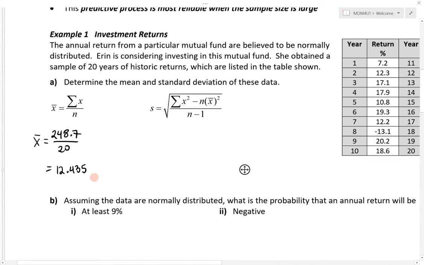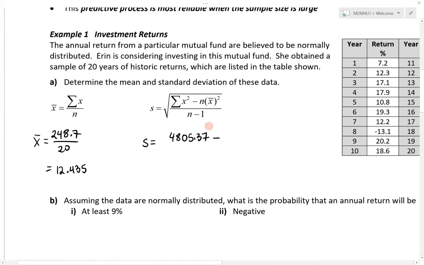The standard deviation, similarly, if I follow the formula, it's going to be the sum of x squared. So if I add up all these return percentages and I square them, so that would give me 4,805.37. Rather, I mistook my wording. I should say when you square all the return percentages and then you add them together, that's what you get, 4,805.37.